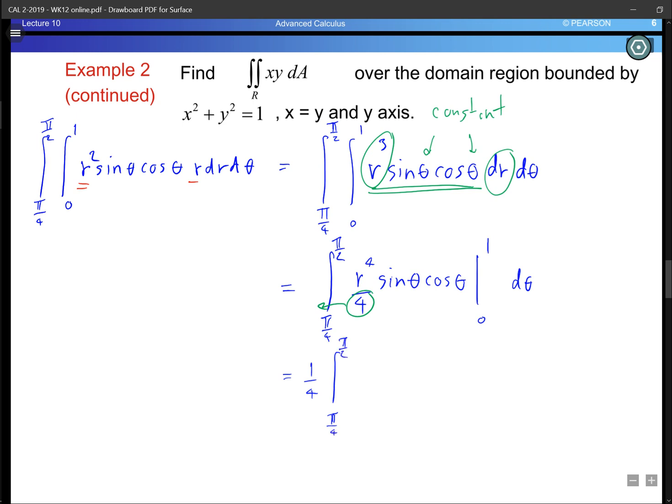Inside, I evaluate this r to the 4th and sine theta cosine theta at 2 values. So 1 goes in, so this becomes sine theta cosine theta, and then 0 goes in. Everything becomes 0, so minus 0. And integrate this with respect to theta.